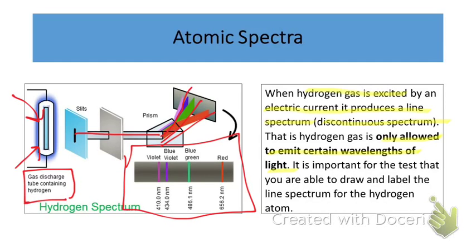It is important for the test that you're able to draw and label the line spectrum for the hydrogen atom, which we just went over and talked about. Just make sure you understand what the line spectrum for the hydrogen atom looks like, and that you can draw it and recognize it.